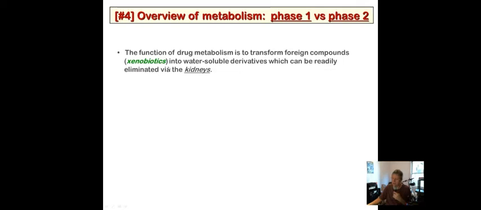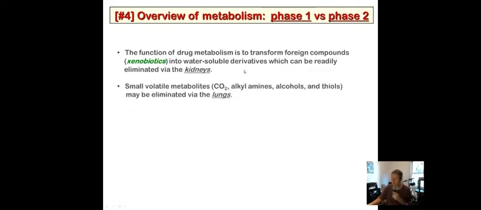And anything that enters our body must be eliminated or removed, and that's probably what happened, through an evolutionary sense. And then of course now we have drugs that are supposed to be doing something positive to the body, and so oftentimes we're trying to evade the metabolic processes.